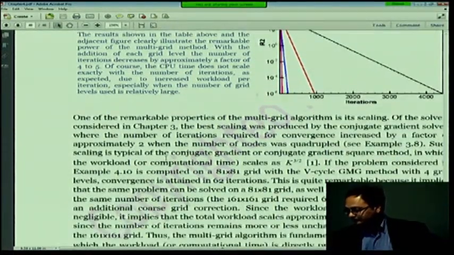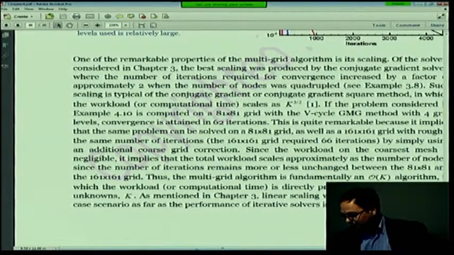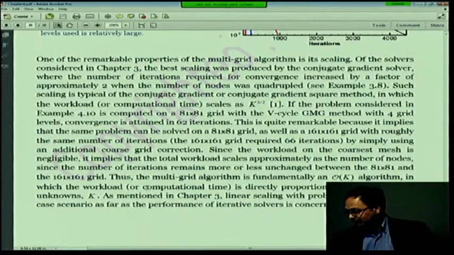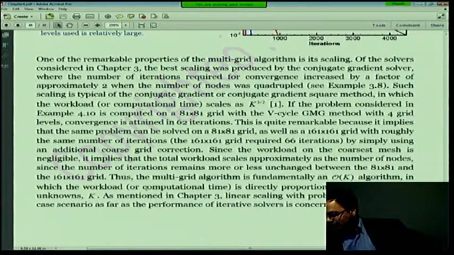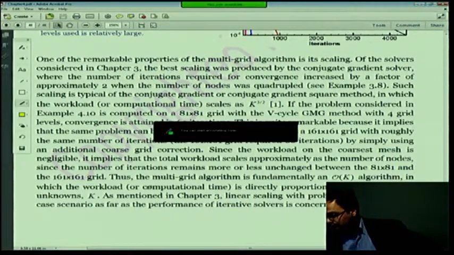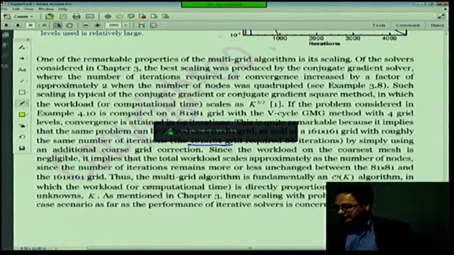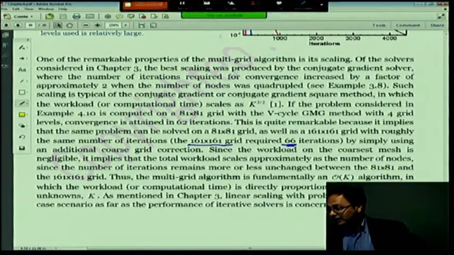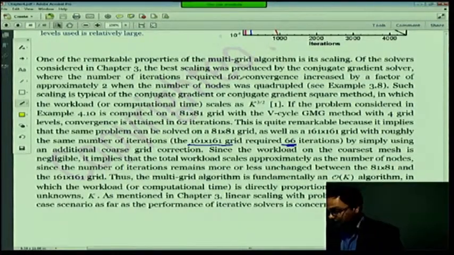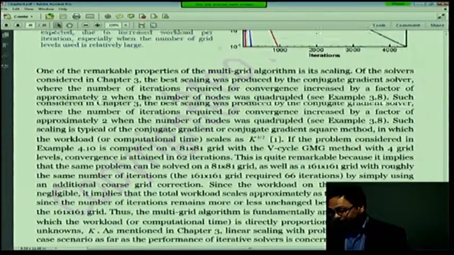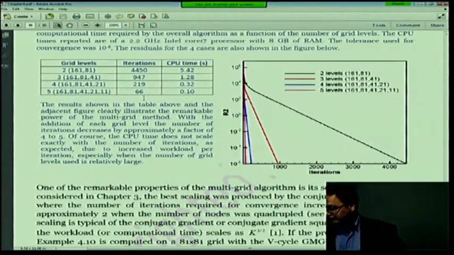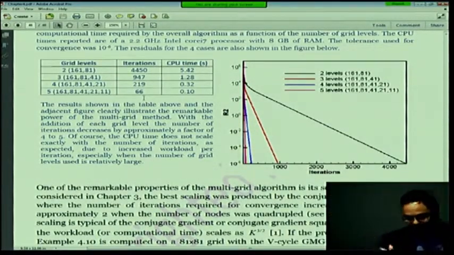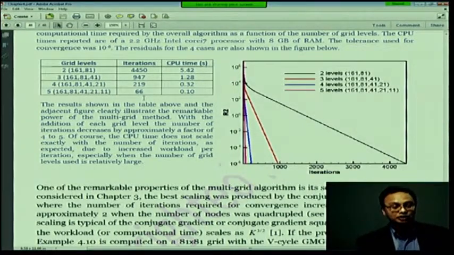One of the remarkable things is, 161 by 161 requires 66 iterations. If you use 4 levels and an 81 by 81 mesh, you will get approximately 66 iterations of that type.